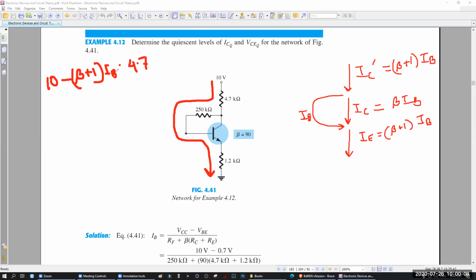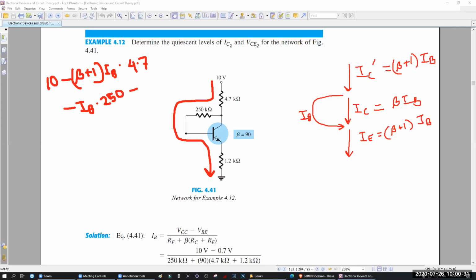Right? Yes, sir. Okay. Minus this current and resistance. What is the current that is going through this resistance? IB, into 250.